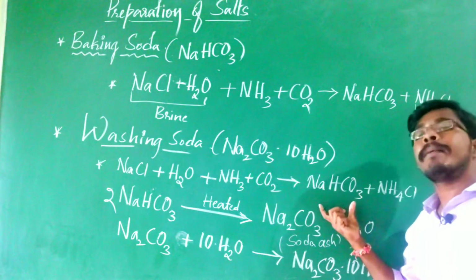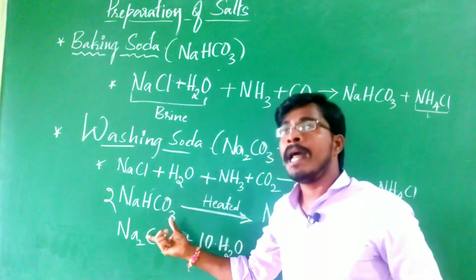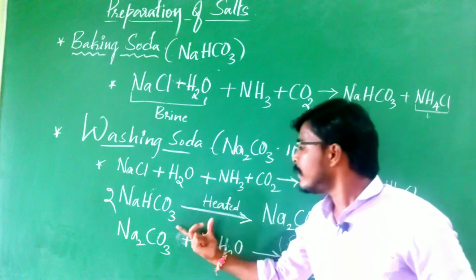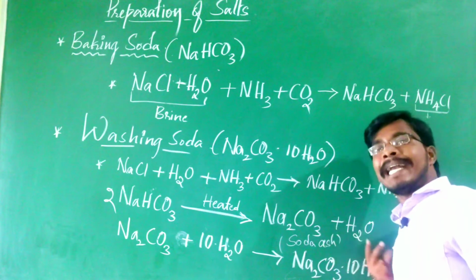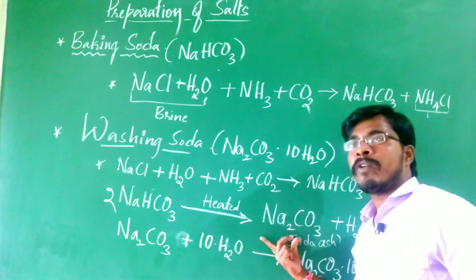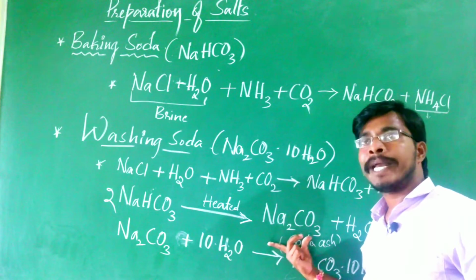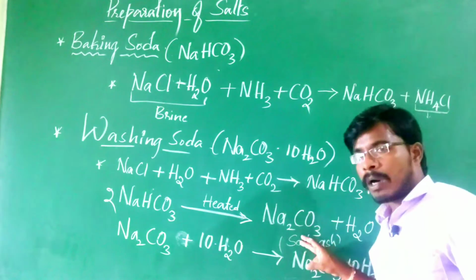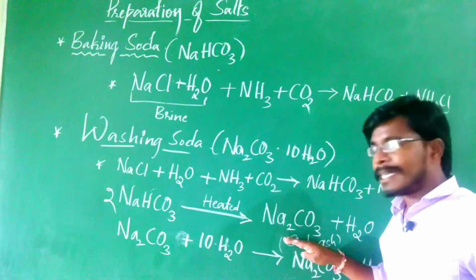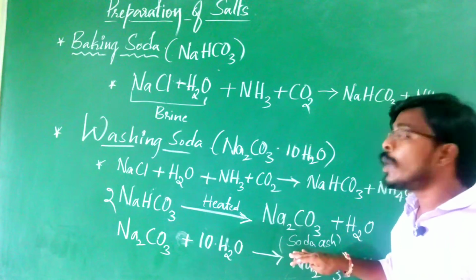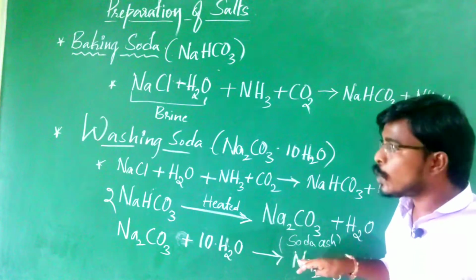That sodium bicarbonate is taken and heated. Whenever the sodium bicarbonate is heated, water molecule will get separated and it is going to form sodium carbonate in the absence of water. So it is generally called soda ash.